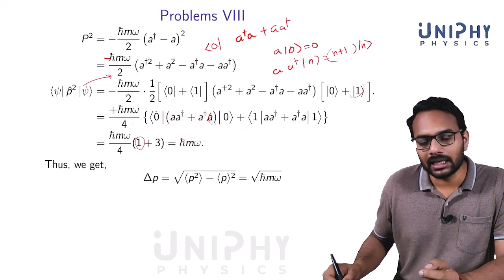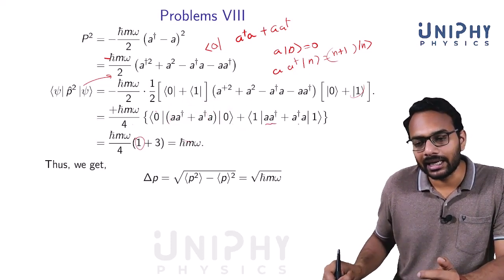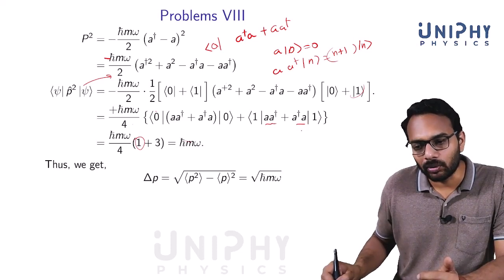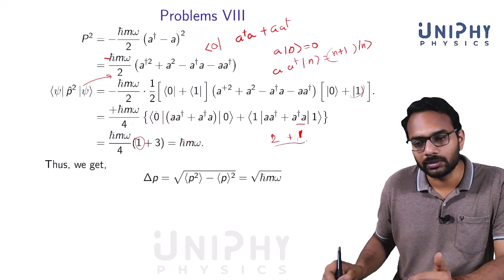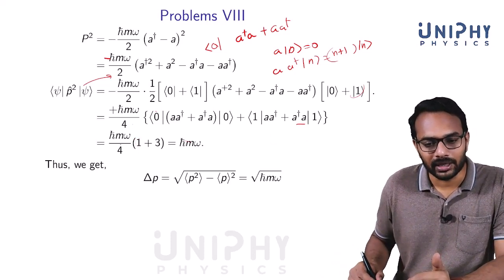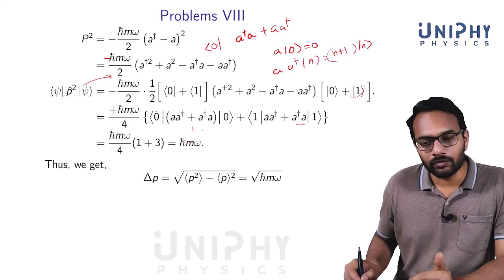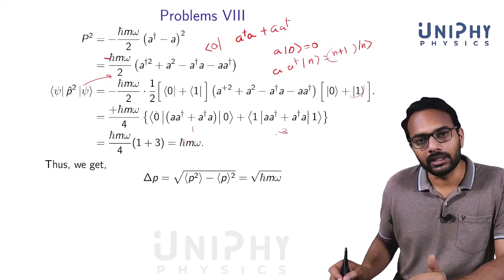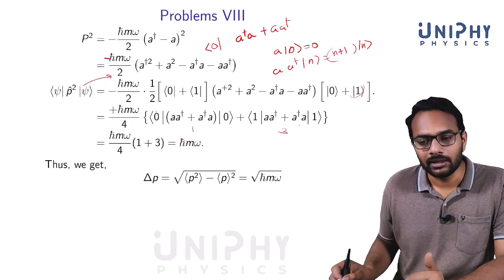And what about the other term here? We have a dagger a plus a dagger a acting on 1. a dagger a acting on 1 gives you the eigenvalue 1, and this a dagger a gives you n plus 1, that's 1 plus 1, that's 2, so 2 plus 1 is 3. So it's h cross m omega divided by 4, multiplied by 1 from here and 3 from there.